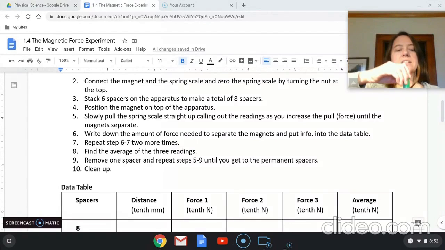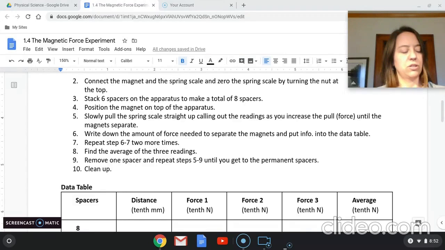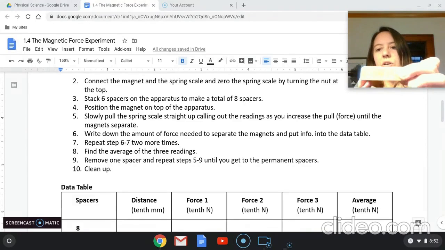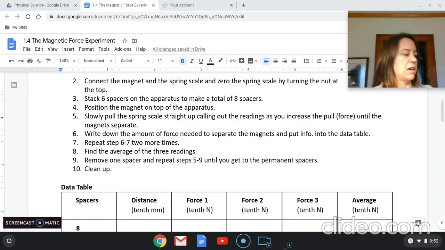Then I'm going to stack 6 spacers on the apparatus to make a total of 8 spacers. You can see that there's already 2, and then I'm going to add 6 more. 1, 2, 3, 4, 5, 6. Okay, so now I have a total of 8 spacers.